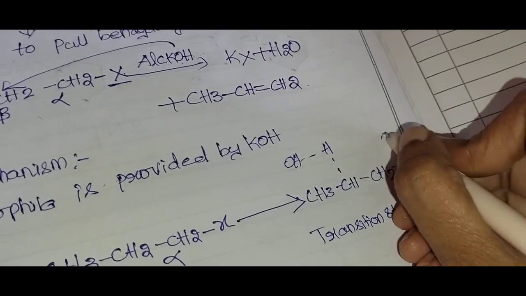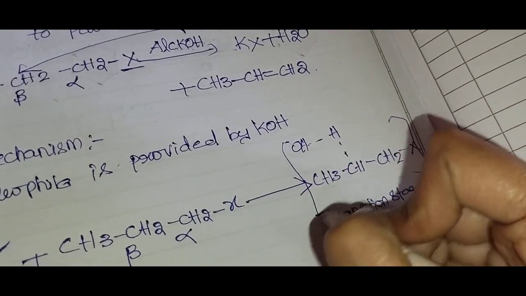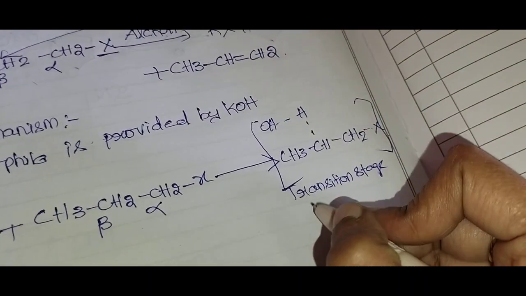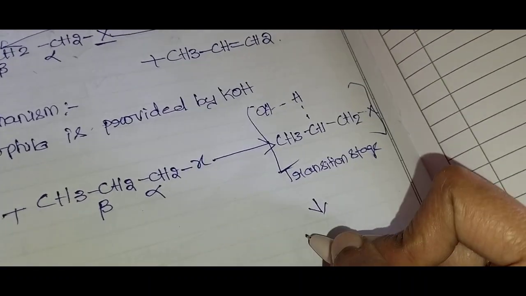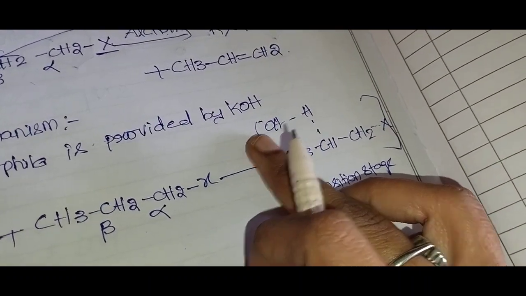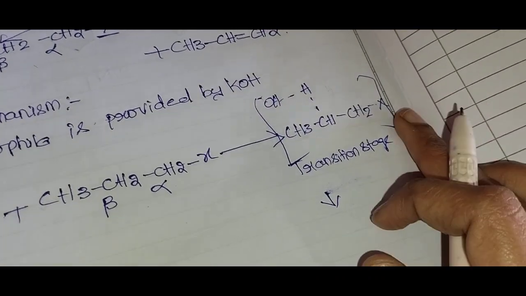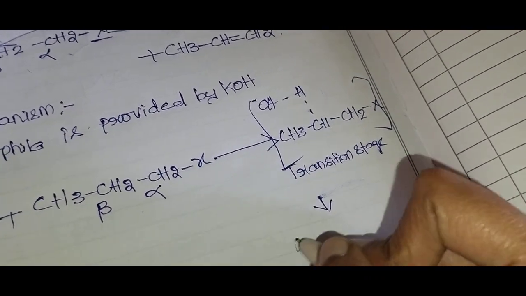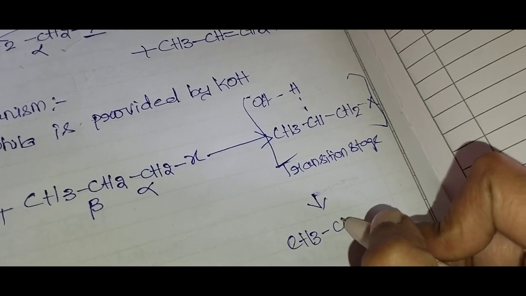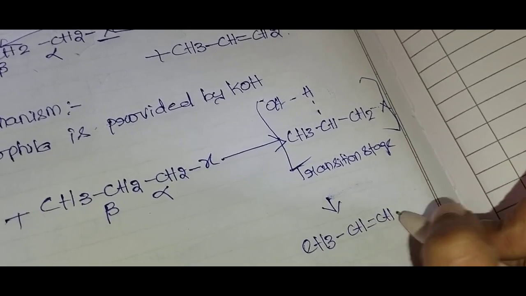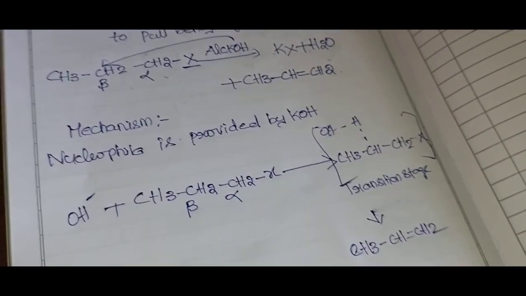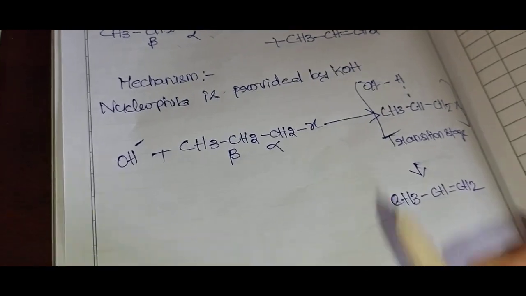After this transition state, everything is completed in one step only. OH and H will be removed as a water molecule, and X will be removed along with K. So we get the product CH3CH double bond CH2, as we discussed before. Like this the mechanism takes place.